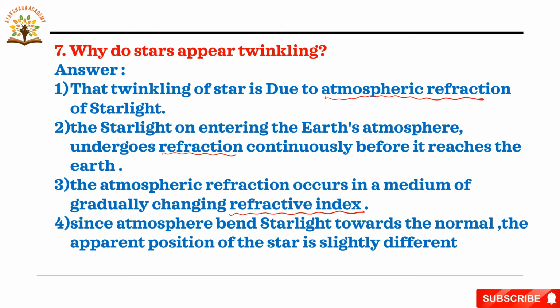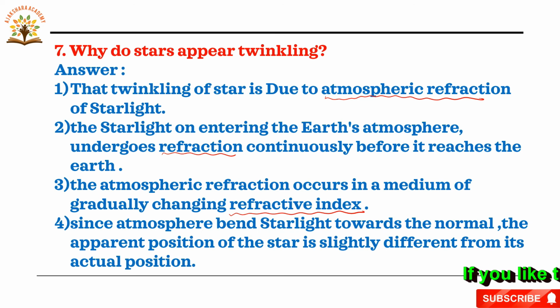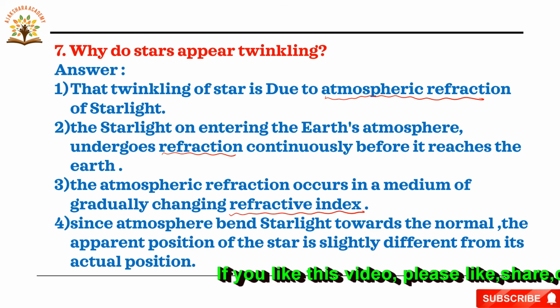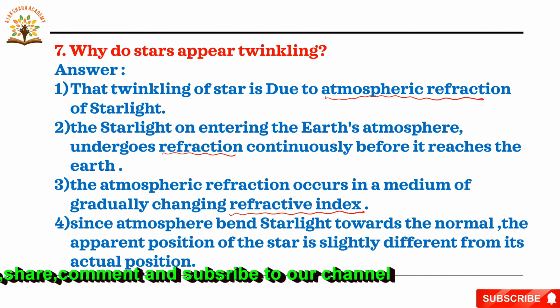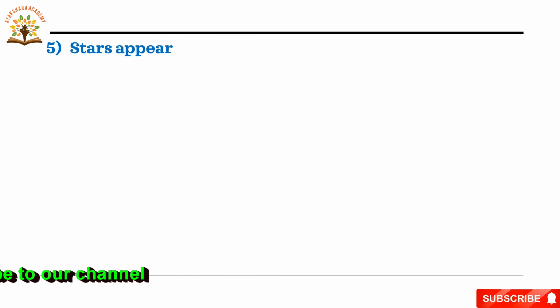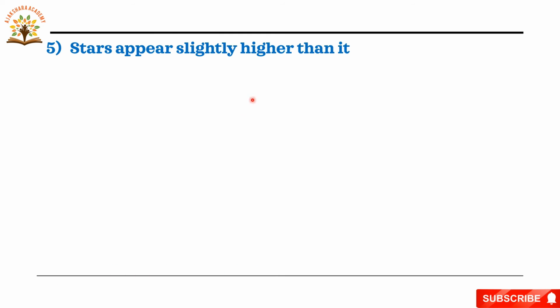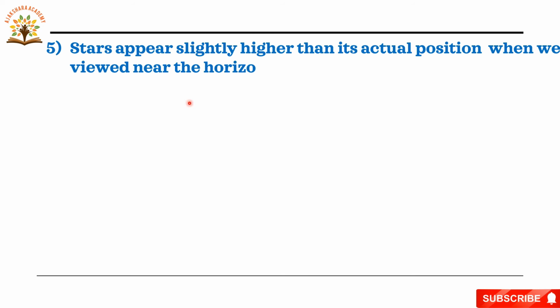Since the atmosphere bends starlight towards the normal, the apparent position of the star is slightly different from its actual position. Stars appear slightly higher than their actual position when viewed near the horizon.